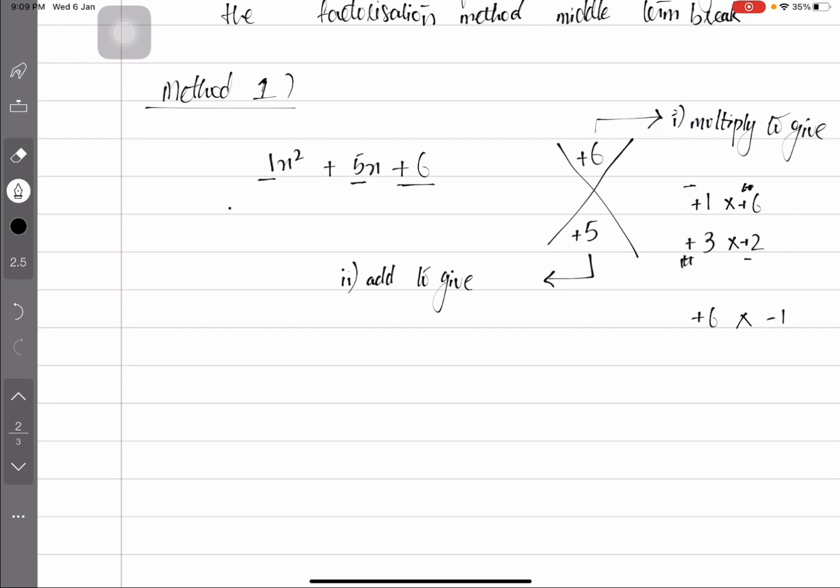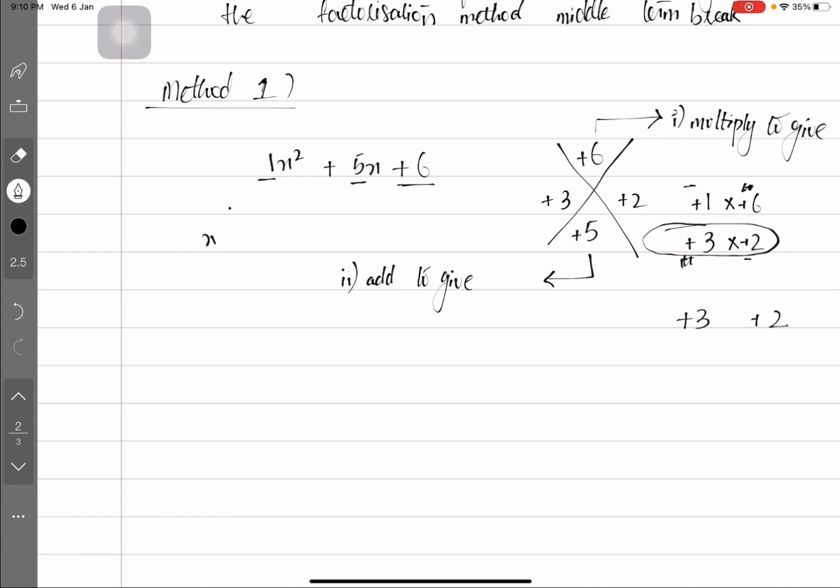Since we have a positive 5, the higher number needs to have a positive sign, which is why we can't use a negative sign beside the 3 or the 6. This is why we select the second pair, as we need both of these to have a positive sign. So we select the plus 3 into plus 2 pair. This pair will give us a positive 6 when multiplied and a positive 5 when added.